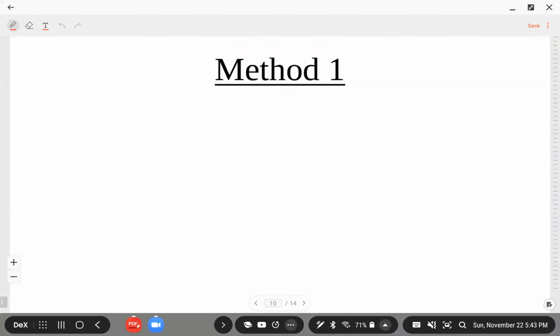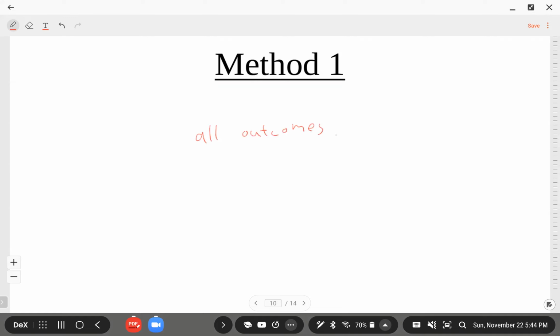Then I will begin. First, I call this the exclusion method. The exclusion method is basically all outcomes minus unwanted outcomes.